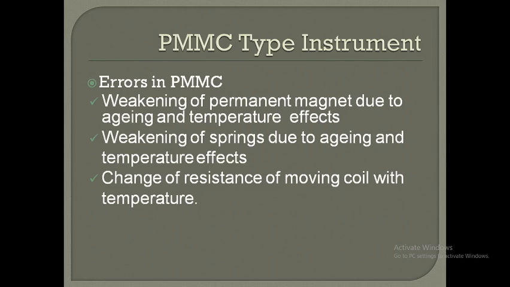Weakening of springs due to aging and temperature effects makes it difficult to acquire the position, and at times the pointer does not stay back at its zero position, so you need to adjust the instrument. Next is the change of resistance of the moving coil with temperature. As the temperature changes, the resistance of the moving coil changes, which causes an error. These types of errors can occur in PMMC instruments.